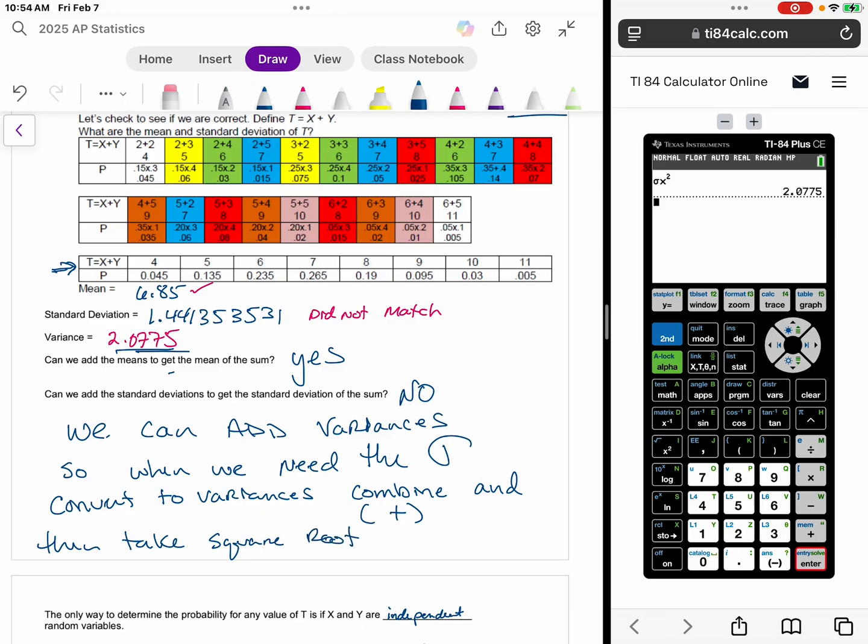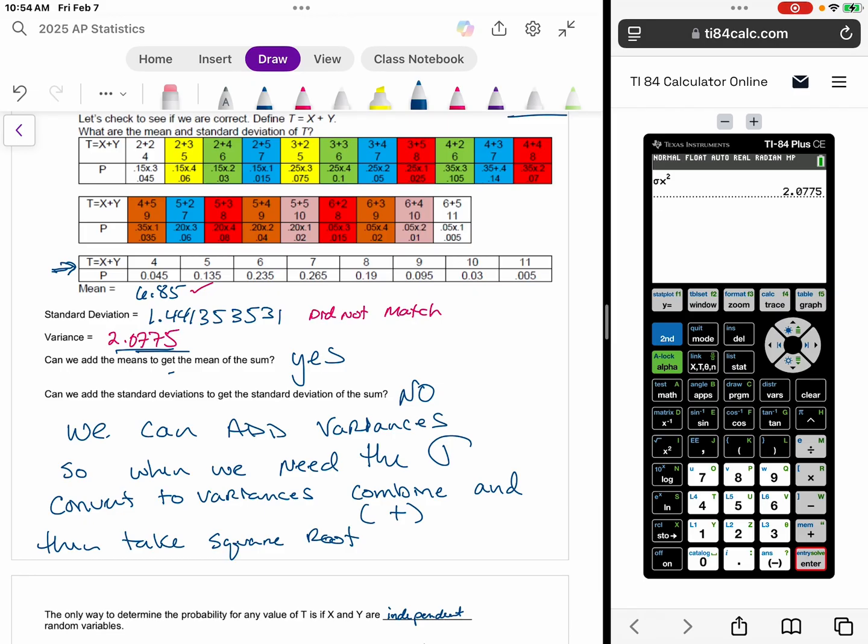And that's what we're going to get a practice of doing here in a minute. So, yes, we can go ahead. If we have 2 random variables, we can just add their means together. If they give us standard deviations, we're going to have to square them and make them variances, combine them, and then square root it. And we're going to be adding as we do that.